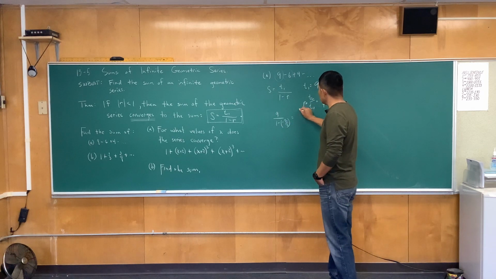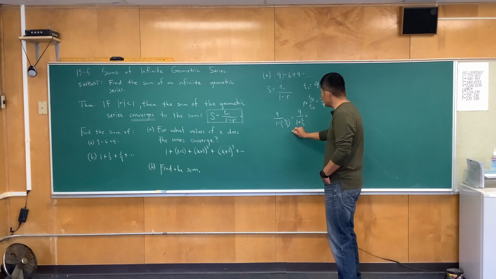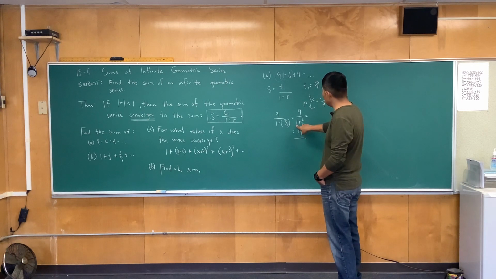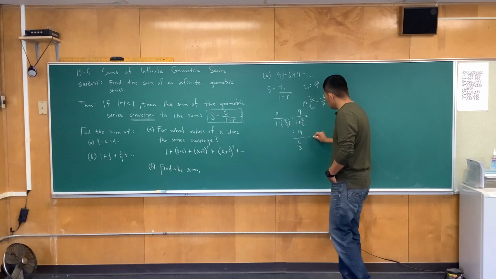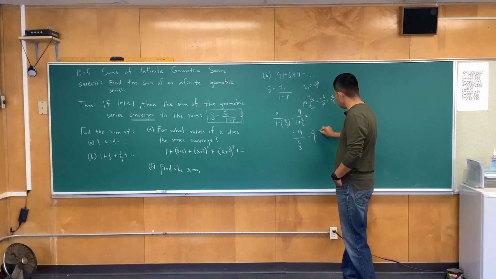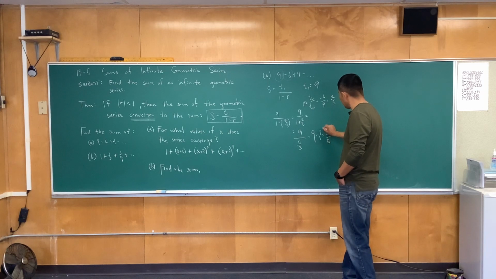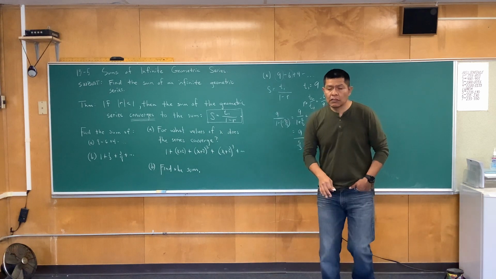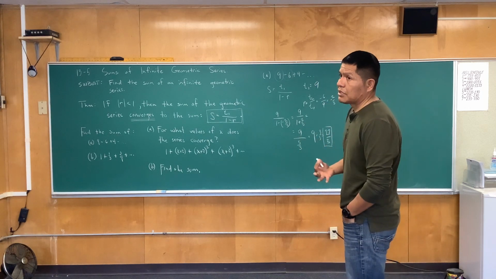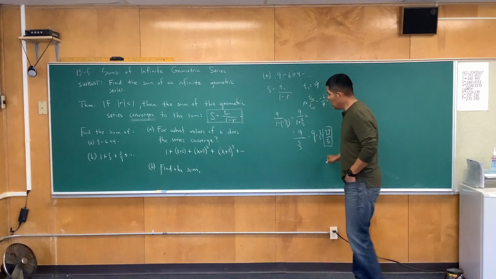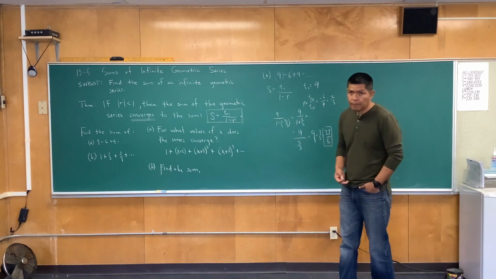This then becomes 9 over 1 plus 2/3, which gives us 9 over 5/3, which is equal to 9 times 3/5, which is 27 over 5. So the sum of our infinite geometric series is going to be 27 over 5, okay?